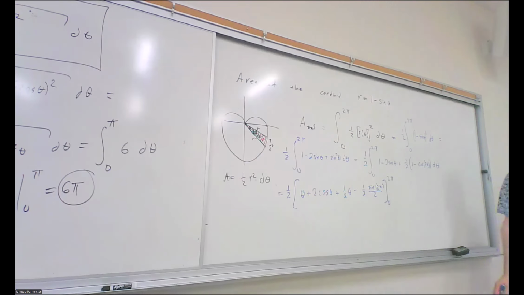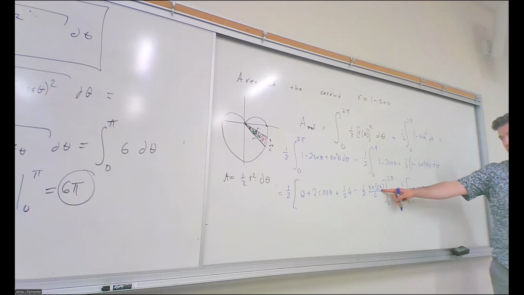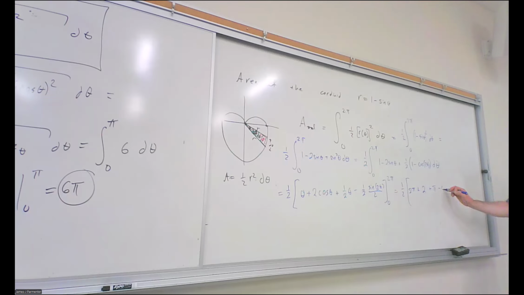Good news, when you take sine of 2 pi or sine of 0 or a multiple of pi, it comes to be 0, so a lot of these just go away. So you end up getting 1/2 times 2 pi plus 2 times cosine of 2 pi, which is 2 times 1, plus 1/2 times 2 pi, which is pi. And then sine of 4 pi is 0.